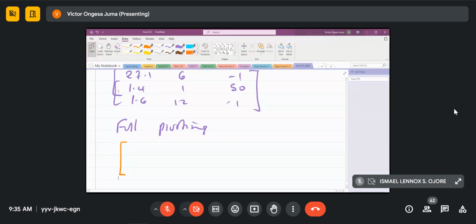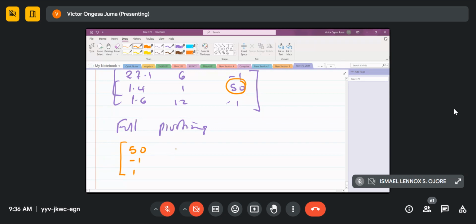If I want to apply full pivoting to this, still the largest is 50. It means I have to bring this 50 here. And how do I bring it? I apply two operations. One, interchange row 2 and row 1, right? And then interchange column 3 and column 1, such that I'll have 50, minus 1 and 1.